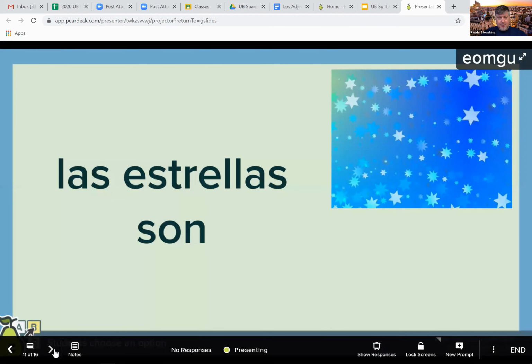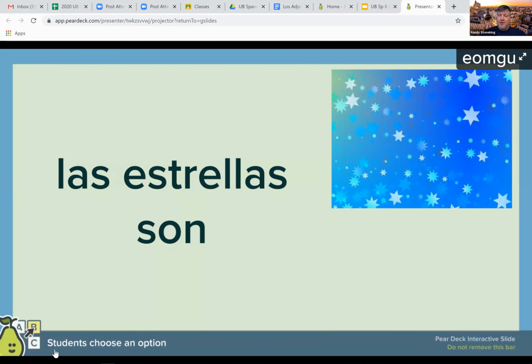Okay, here we go. Las estrellas son. So now instead of las muchachas, now we got stars. Which word would fit? We're looking for the version of blue that would match.